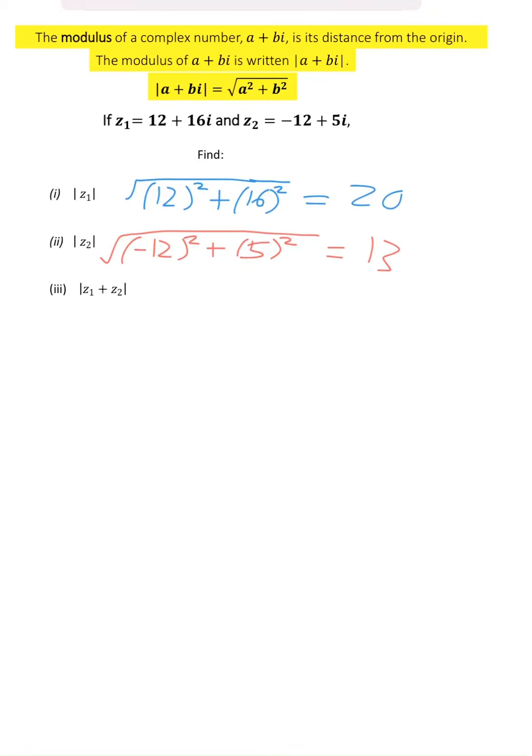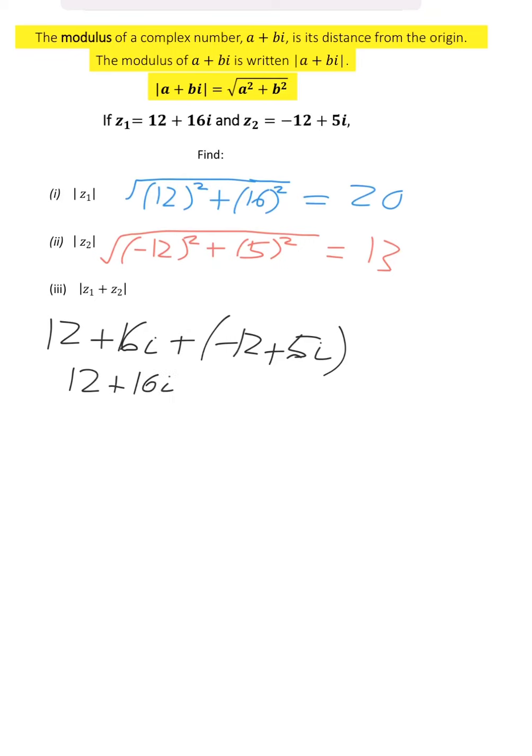Now for the last one, a bit different, it's z1 plus z2, so don't make the mistake of just doing 20 plus 13. I actually need to add them first. So z1 is 12 plus 16i, added to minus 12 plus 5i. The plus 12 and minus 12 cancel out because 12 minus 12 is 0.